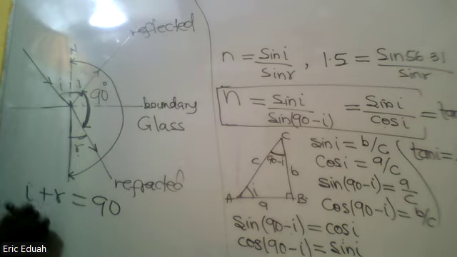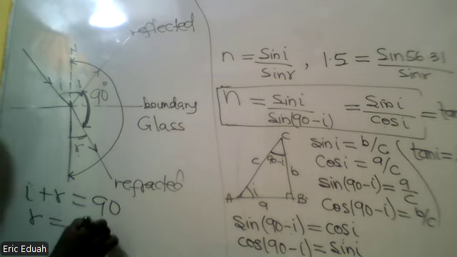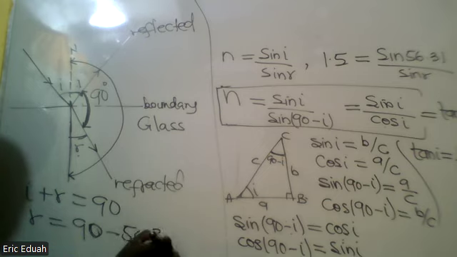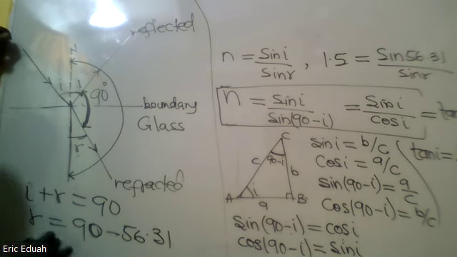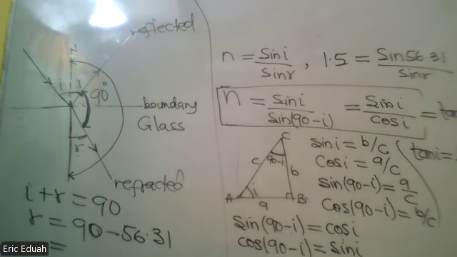So if I is 56.31, then when we subtract that from 90, we must have R. Just subtract 56.31 from 90. The answer is 33.69.